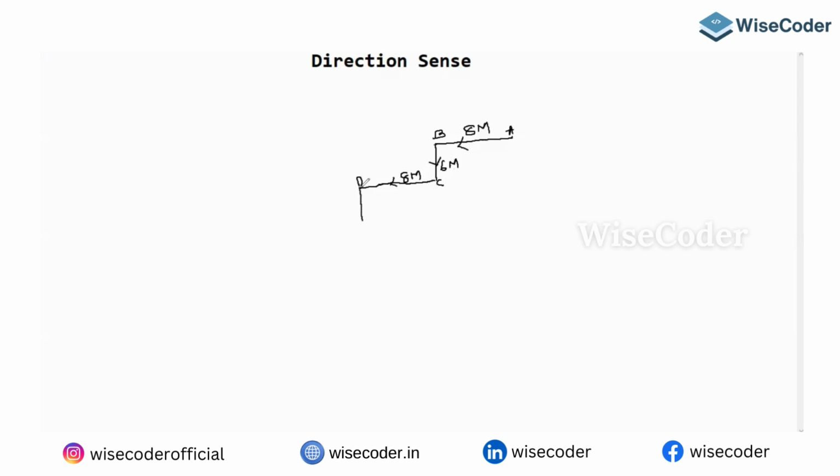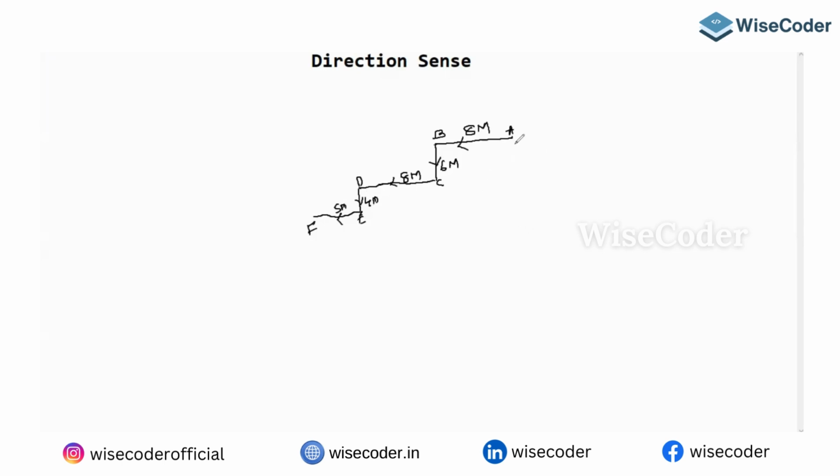South means downwards, a small part, 4 meters. Then he turned right and traveled 5. When I am going south, this direction is right. So this is 5 meters, D, E, and this point is F. So what is he asking?